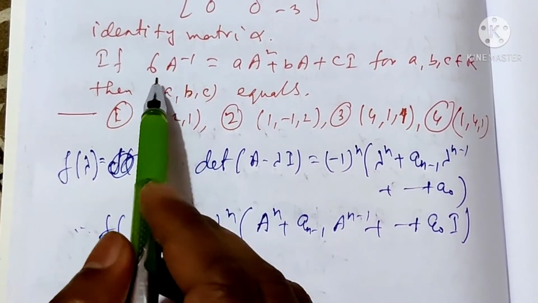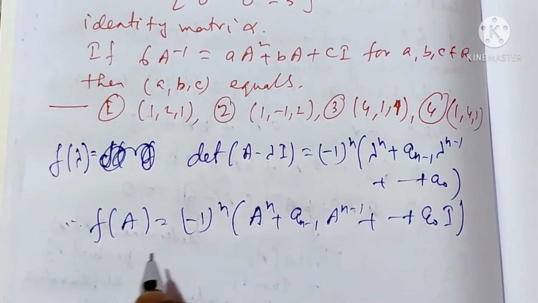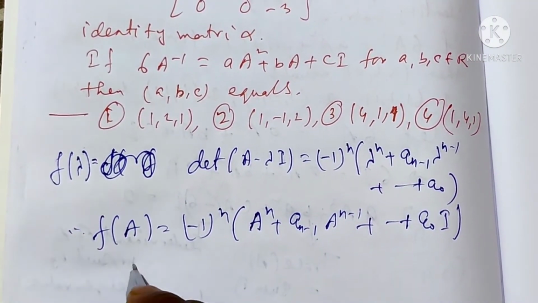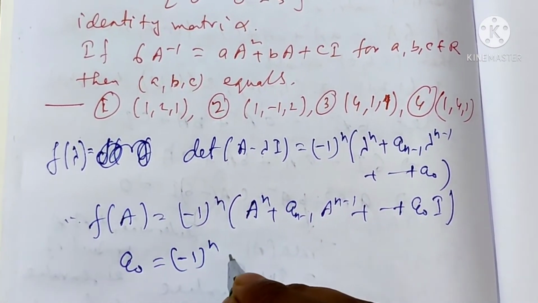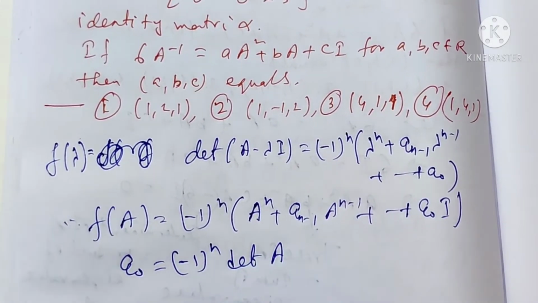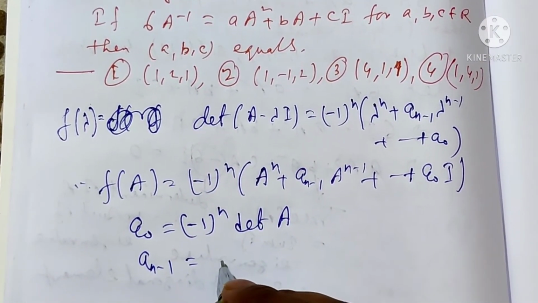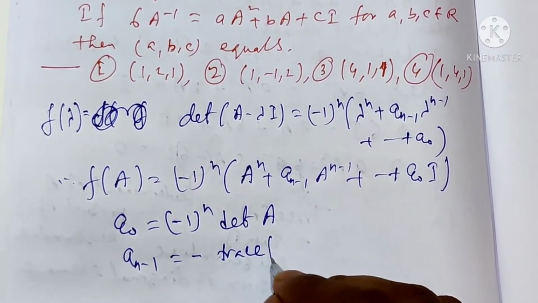Now our problem has A as a 3 cross 3 matrix, and in that case the constant term a0 equals minus 1 to the power n determinant of A, and a n minus 1 equals minus trace of A.